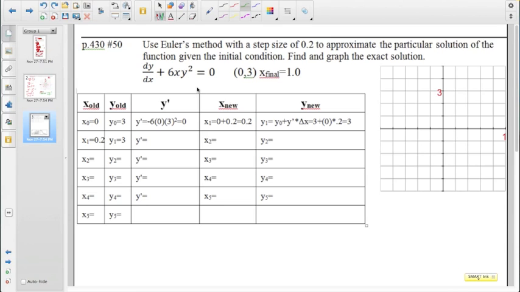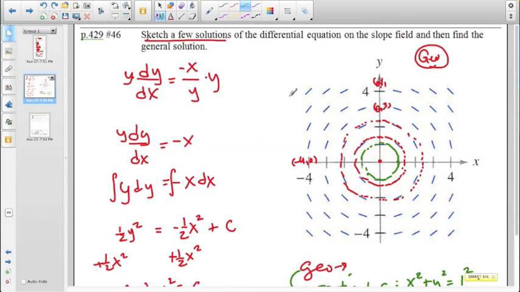And so by now, I think you're beginning to see the interrelationship between separable differential equations, slope fields, and Euler's methods. They're all kind of complementing one another when it comes to finding solutions. In the last example, we started with a slope field and generated a differential expression.